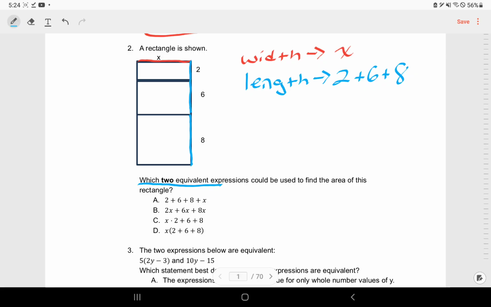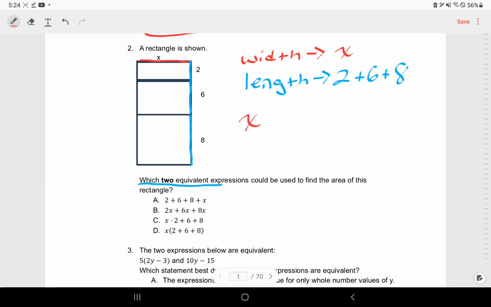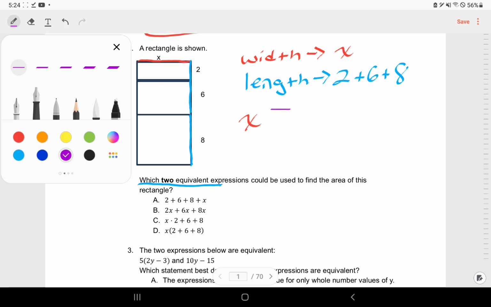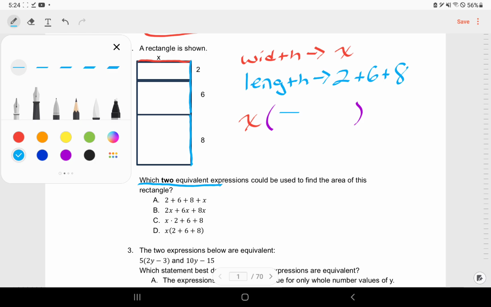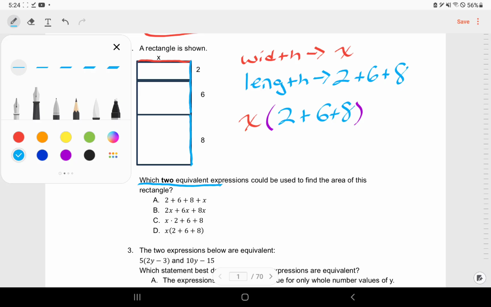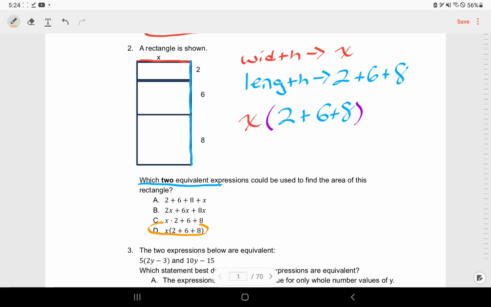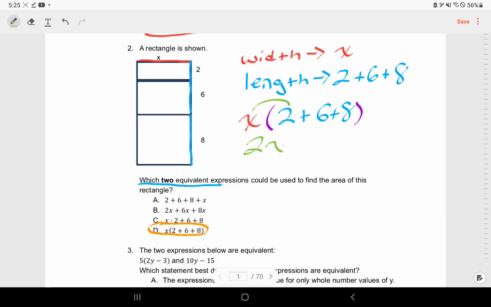Well, we find the area by doing length times width. So this is x times 2 plus 6 plus 8. Well, when we look, x times 2 plus 6 plus 8 is choice D. And then if we look, we've got x times 2 is 2x.